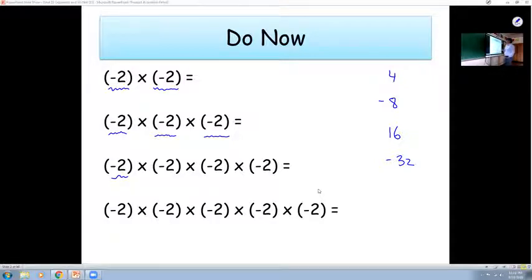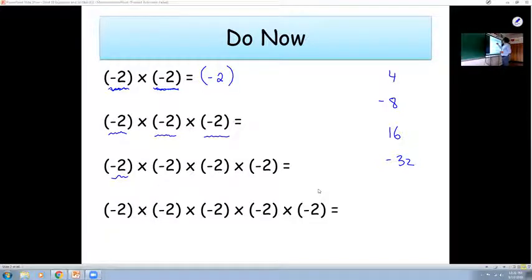So there should be a shortcut for this one. For this type of multiplication, we use something. We are looking at what is being repeated. What number is being repeated here? -2. Okay, keep -2.